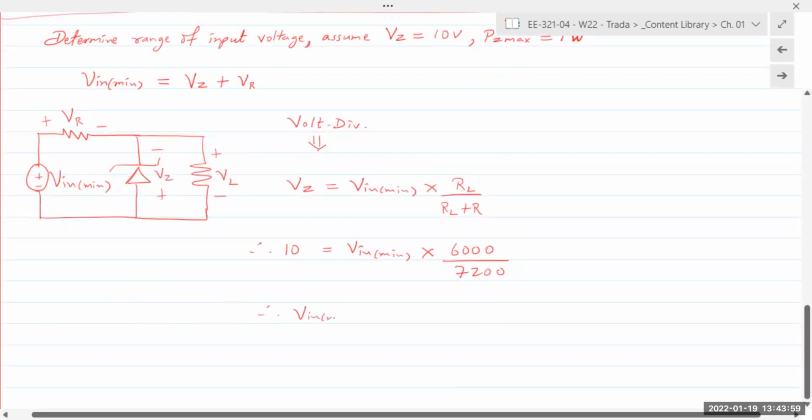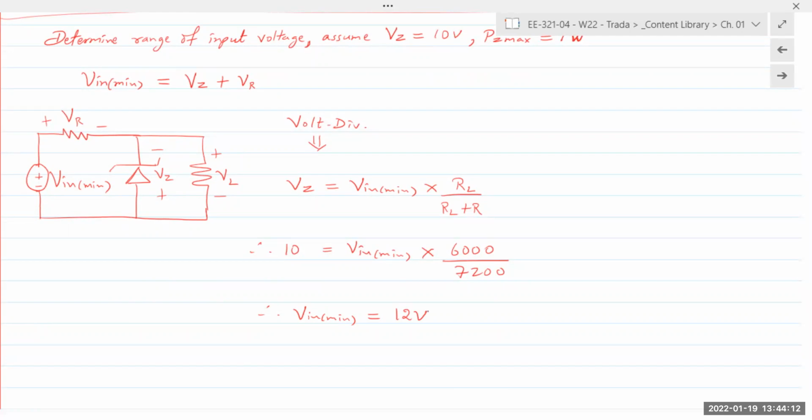So V in minimum required to turn it on is going to be 72,000 divided by 6,000, 12 volts. That is the minimum voltage that is required to actually turn on the Zener diode because of the values of the current limiting resistor and the value of RL.